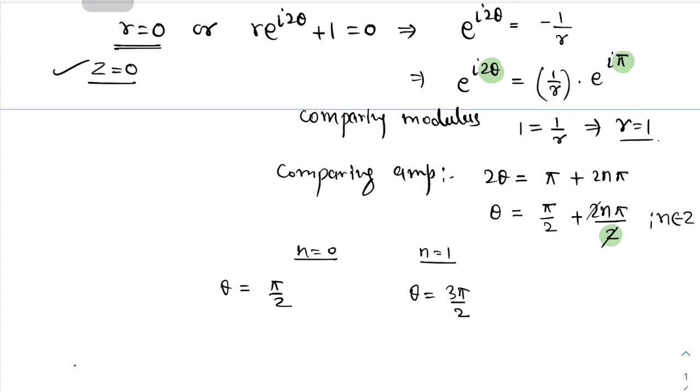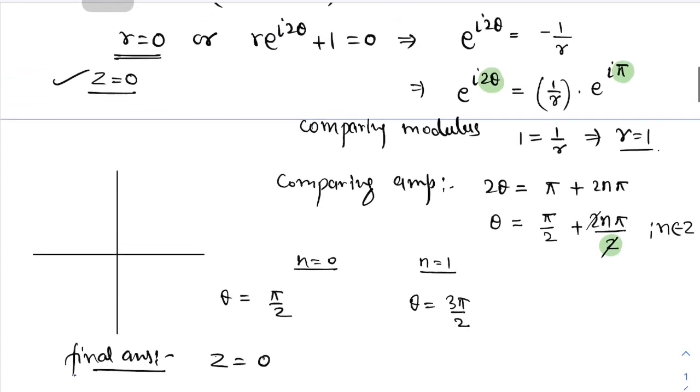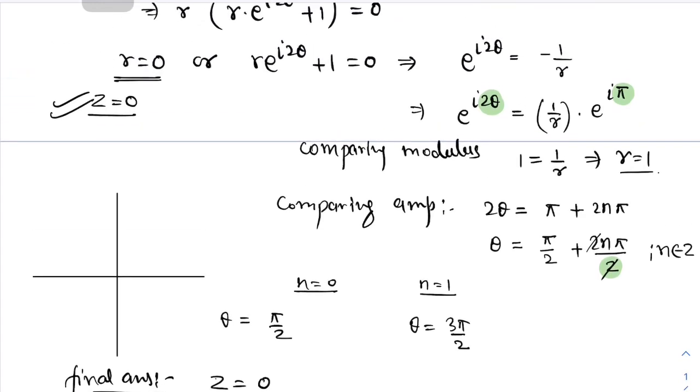Okay, so what is the final answer? One answer is z equal to 0, because earlier we got z equal to 0.